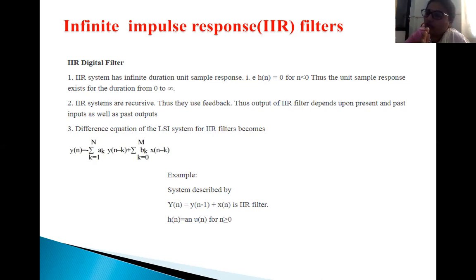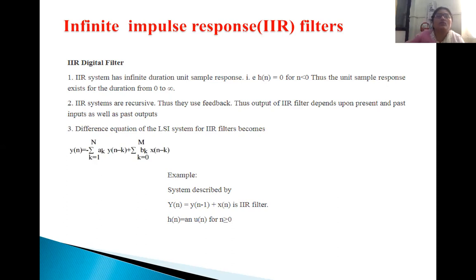For negative values of n, h of n is 0, whereas for all positive values, h of n exists. So here the unit sample response is infinite. Therefore it is known as an infinite impulse response or IIR filter, right? Because the unit sample response is infinite here, the name of this filter is infinite impulse response filter.